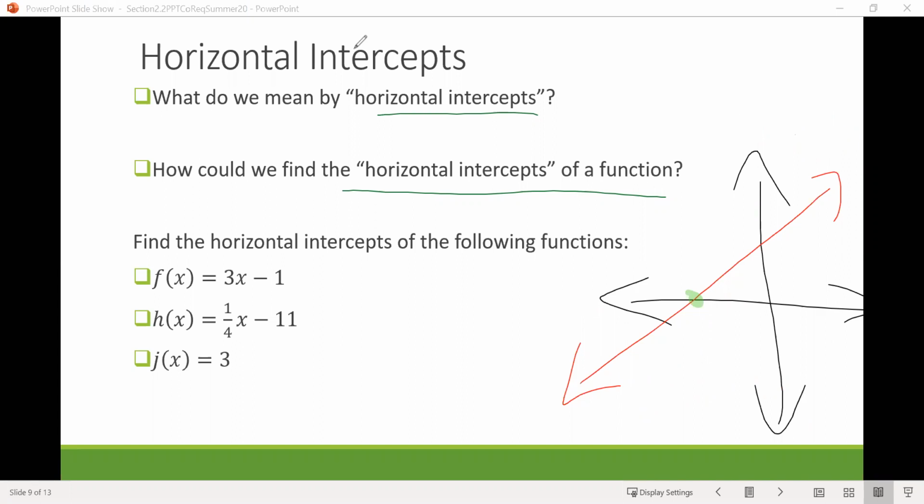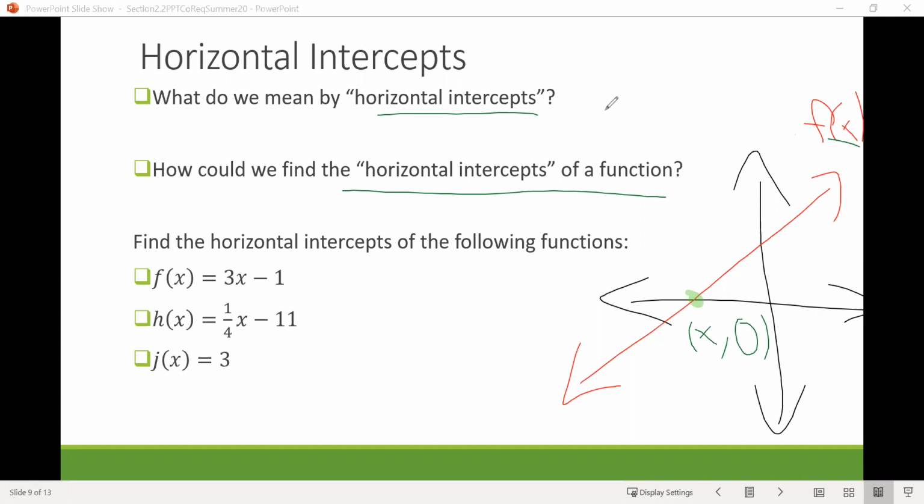In this case, again, we're calling our function f of x. The horizontal intercepts will be where it intersects the horizontal axis. And note that for any point along that horizontal axis, because we're using x as our input variable, the coordinates there will be x, comma, 0.